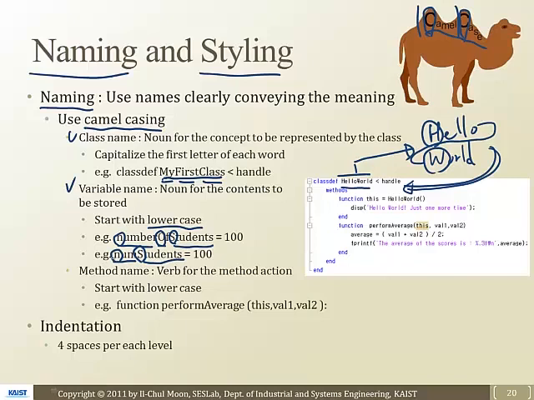So class names and variable names can be distinguished, but at the same time we can also distinguish the main concepts of the variable or class. Same for methods: function, perform, average. They start with lowercase, and for the second, third, fourth, fifth important words, the first letters are capitalized.